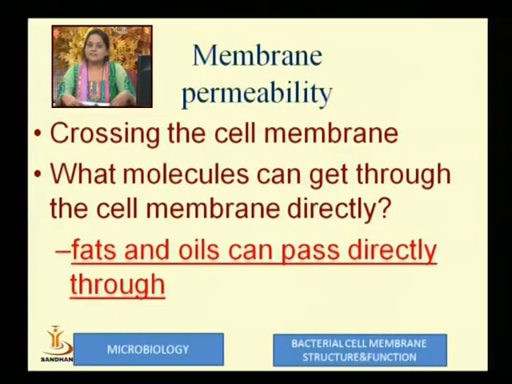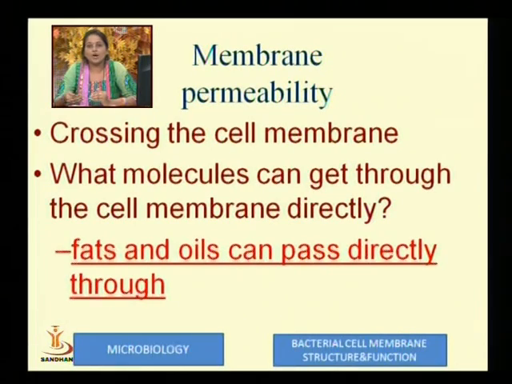Now, as we already discussed, the cell needs to take some material in, and the cell has to pass waste material from inside to outside. So, we have to check how the structure will support this transport. We already discussed that the membrane is selectively permeable for such material, for example food and waste. This food material and waste material have to cross the cell membrane.